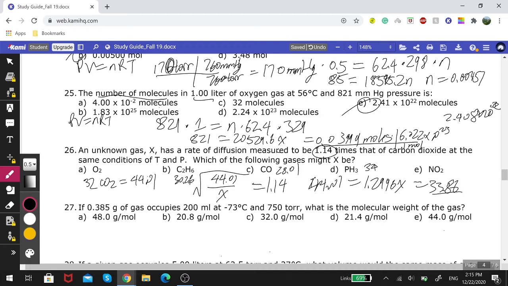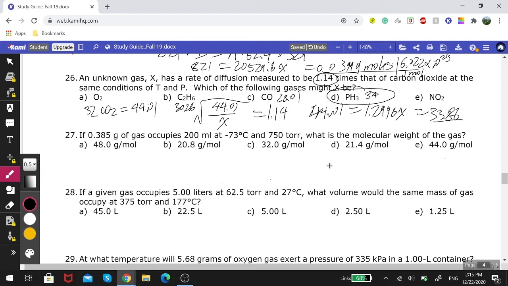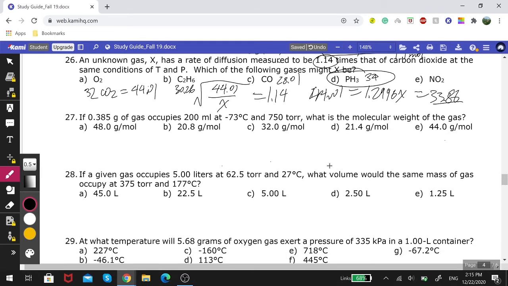Okay, that is very close to 33.86. Now let's check NO2. N is 14.01 plus 16 times 2, which is 46.01. So our final answer will be D, with a molecular weight of 33.86, and that will be 1.14 times faster than how fast CO2 will travel.